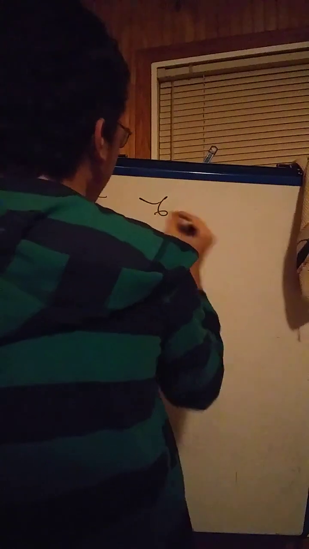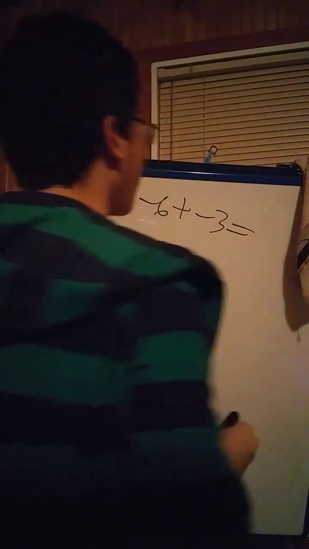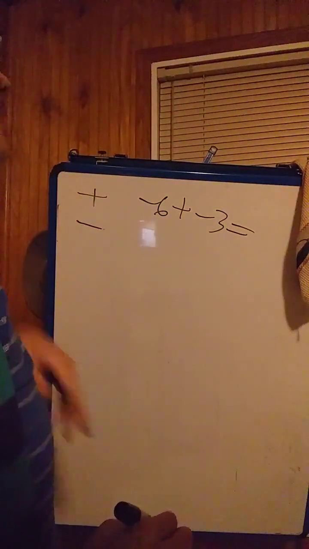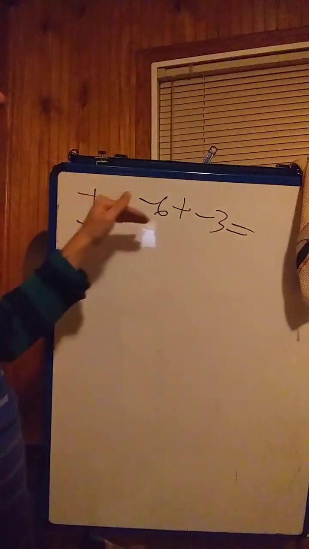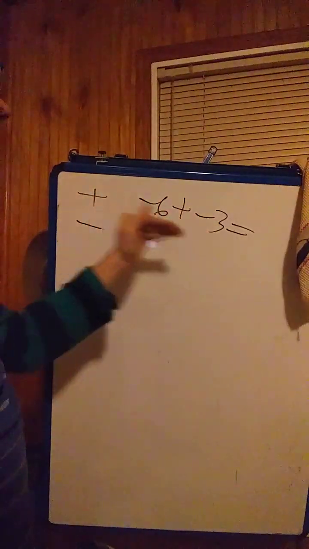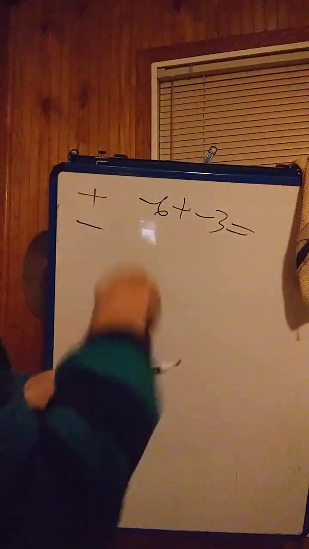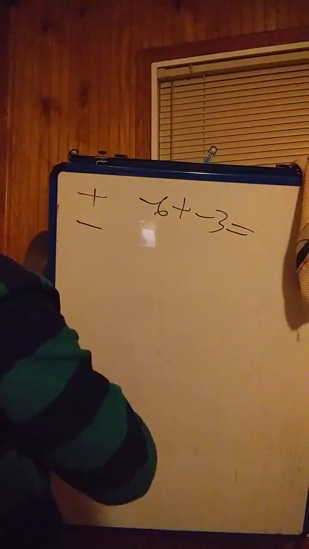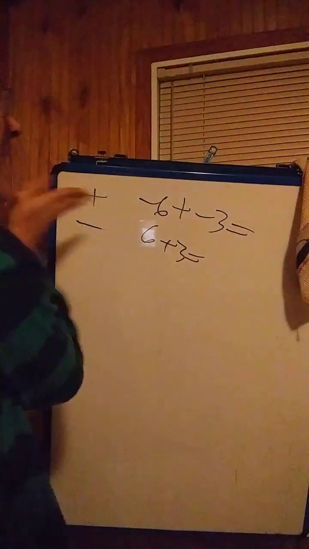So let's do another example. So let's just do, say, negative 6 plus negative 3. Well, we have a negative 6 and a negative 3, taking two negatives. We would be decreasing in value because we'd go further down that number line. We have 6 plus 3, we'd go further this way on the number line.